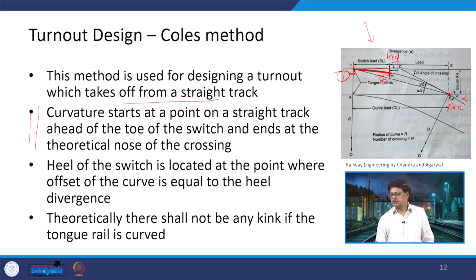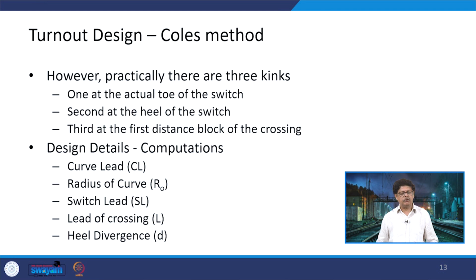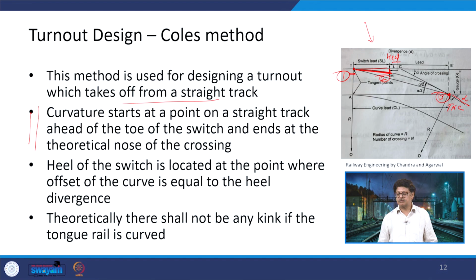And thirdly, because afterwards it is becoming straight and up to this it is a curved section, there is a possibility of a kink at this location. So, these three kinks are: one at the actual toe of the switch, second at the heel of the switch, and third at the first distance block of the crossing. This is what I have shown already in that diagram.